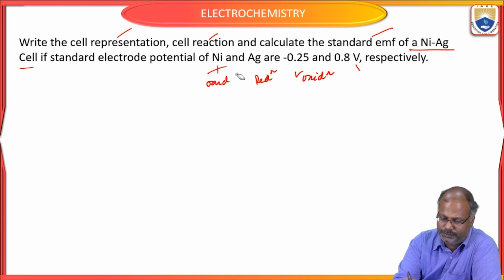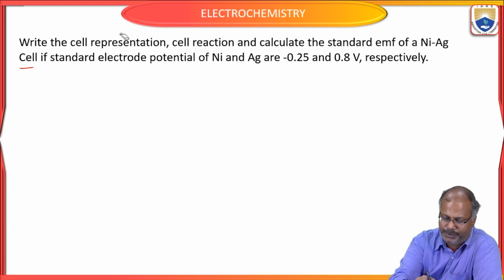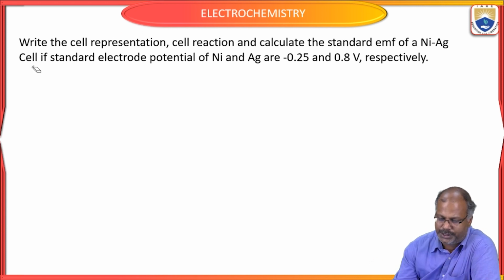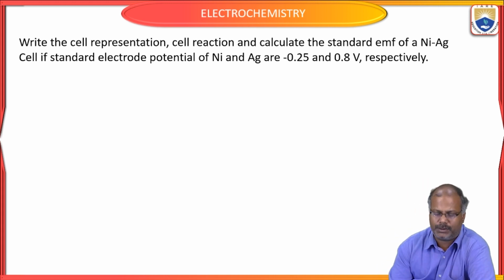So now, Ag undergoes reduction because of the positive 0.8 volts electrode potential. Nickel undergoes oxidation because of the negative electrode potential.